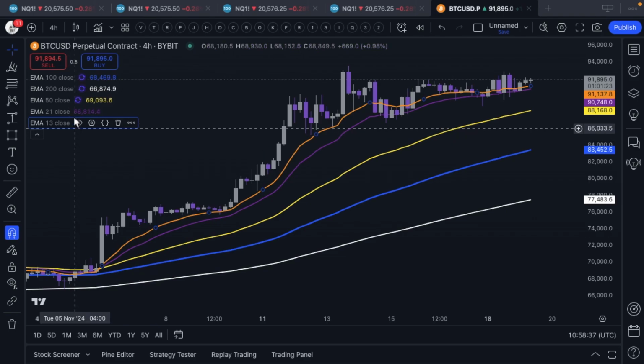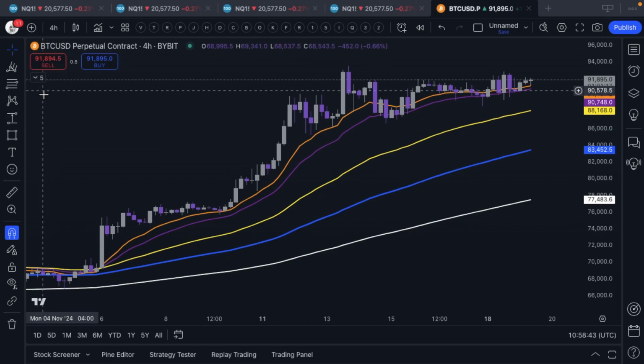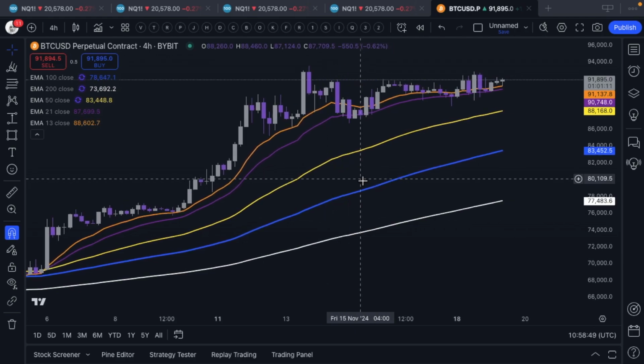The default comes on 9, which is also a very popular EMA. You can add whatever you want in terms of EMAs. But these are very common EMAs, and a lot of people use them.